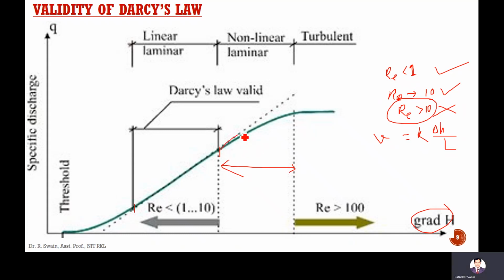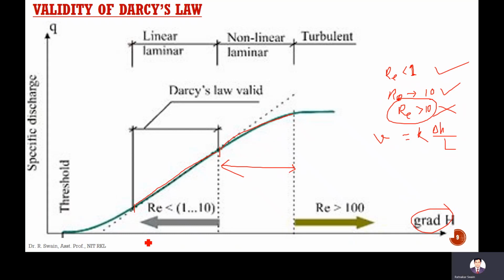You can see the nonlinear behavior. There is a linear relationship when it is laminar, but a nonlinear relationship otherwise. Another condition for Darcy's law to be valid is that the velocity should be linearly related to the hydraulic gradient.